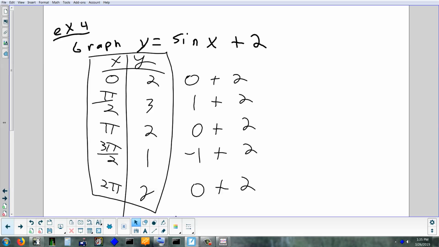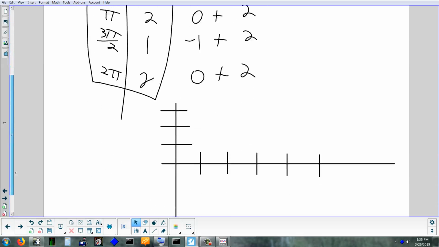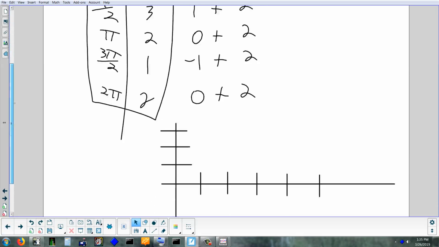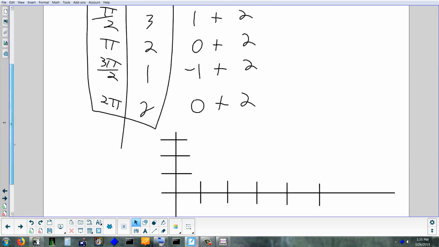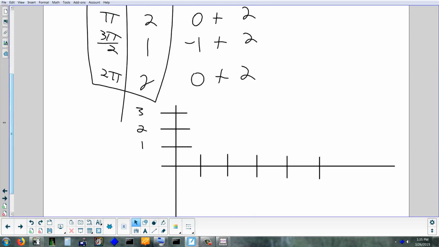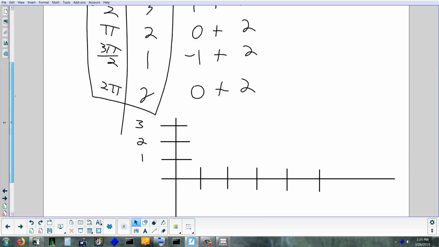Okay, so now the last step is to make your graph. On the y-axis, you have to leave a little bit of space because we do have to go up to 3. I would make sure you have enough room to at least put 3 marks: 1, 2, 3.